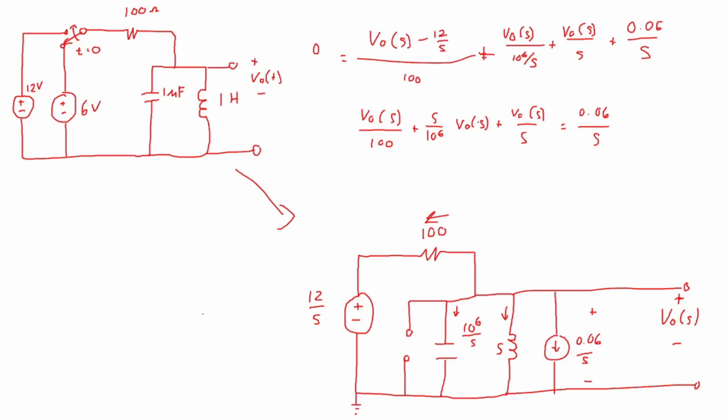Okay, so we now need to factor out V out of S and then divide by whatever is going on over here. So we know that V out of S has to be 0.06 over S divided by 1 over 100 plus S over 10 to the 6 plus 1 over S. So that's pretty good.